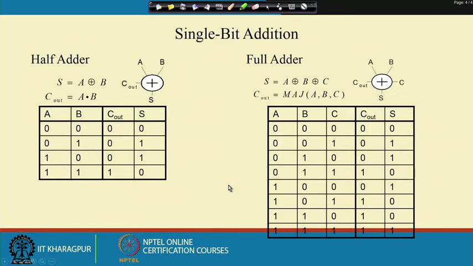This is the basic we have learned in digital electronics. In the half adder, suppose A and B are the two inputs, and C out and S are the two outputs, where S indicates the sum bit and C out is the carry output bit.